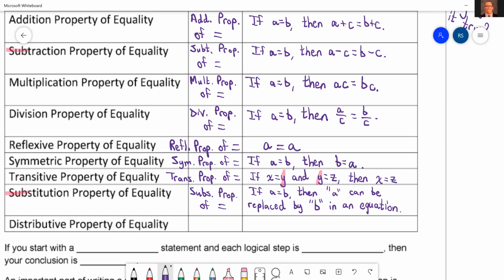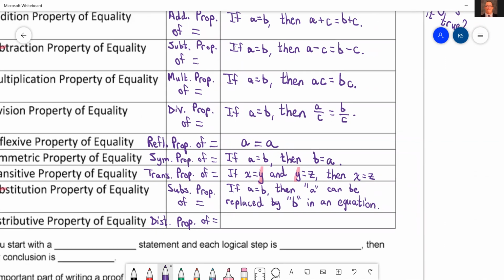And then the last one in the chart is the distributive property of equality. We already talked about this one yesterday.